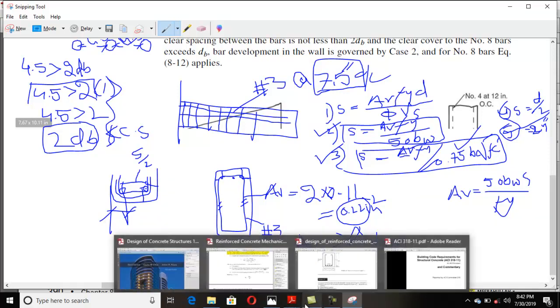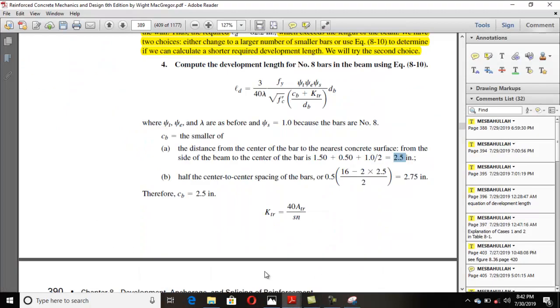If you look at example number 1 which we did in lecture number 3, in the Nilson book, basically they consider the clear spacing. So you people must see that example and understand what this difference is. Okay, now I think this is clear.